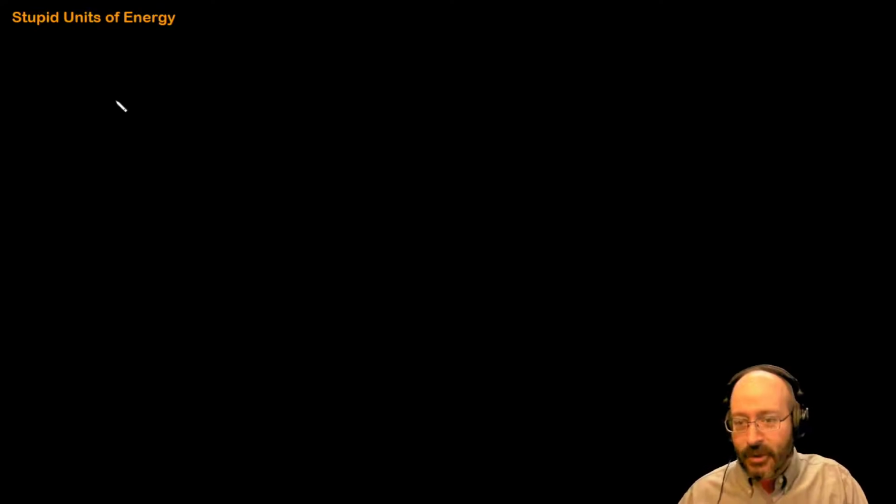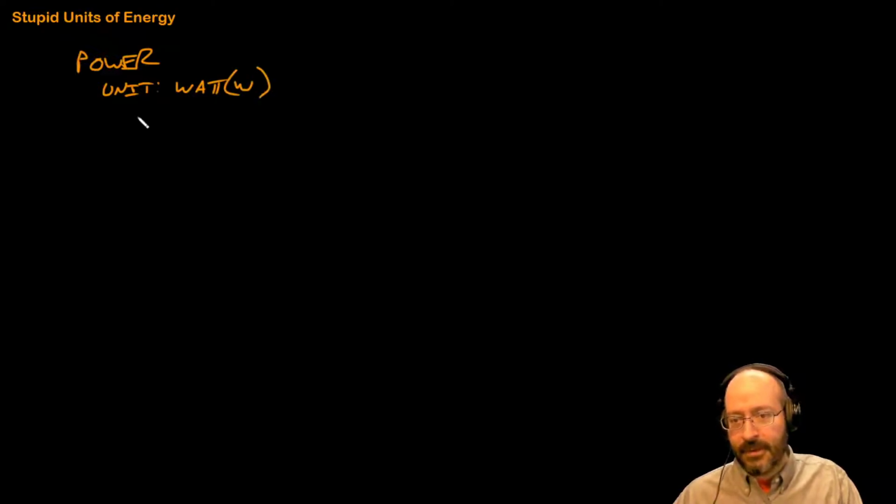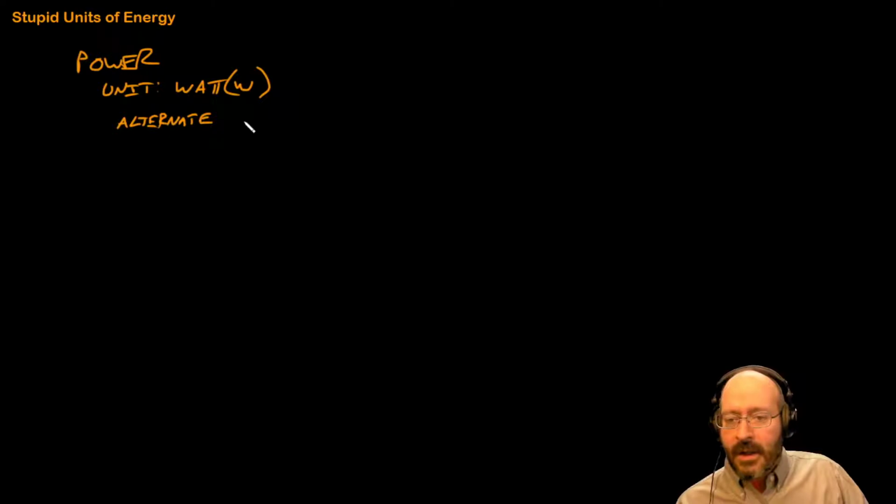Okay? So power that we were talking about, I'm trying to do this for every value and variable that we work with. The unit of power is the watt. Again, named after somebody, so it gets a capital W. And it gets an alternate unit as well, because we were talking about the fact that power is work over time, or energy over time.